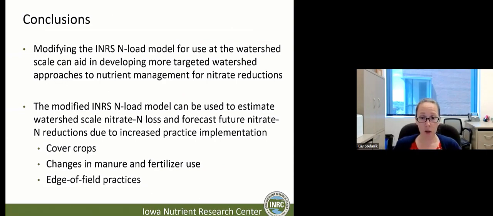Yes, so those estimates would be consistent with what is currently in the Iowa nutrient reduction strategy. The way it's set up, if there are any updates to those estimates, those could easily be added in. But right now we have what was originally done in the nutrient reduction strategy.